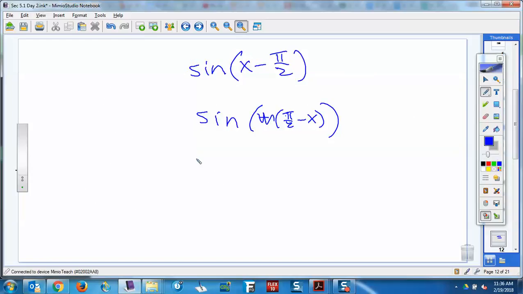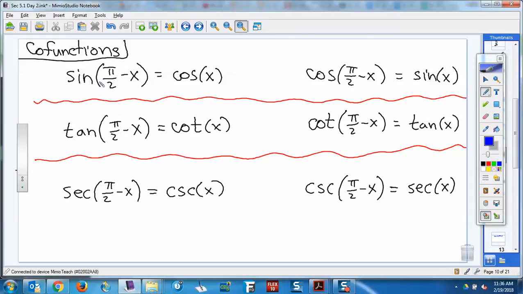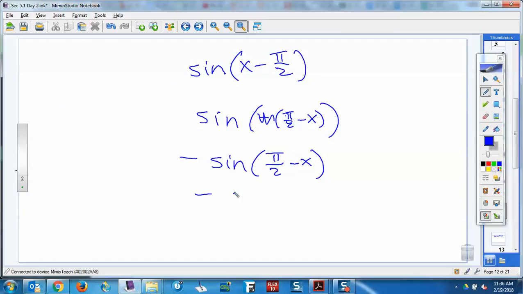So now I have this. But wait a minute. What is sine of pi halves minus x? Cosine of x. So this whole thing can just end up simplifying down to that. These are the kind of little ways that we will use these different identities with each other as we simplify these problems. All right. So that's some stuff to add on to what we talked about last time.